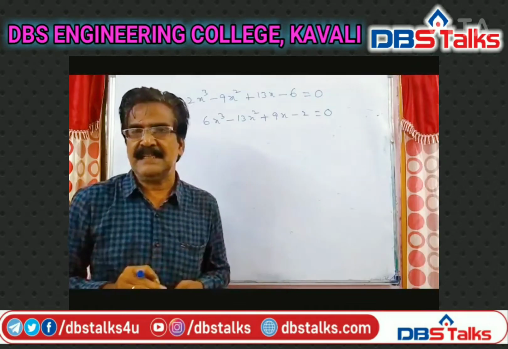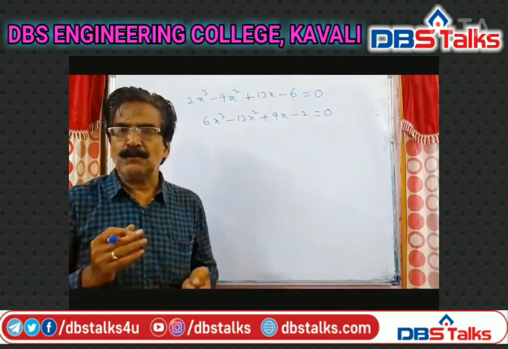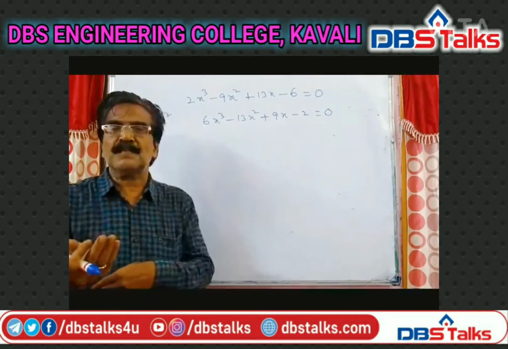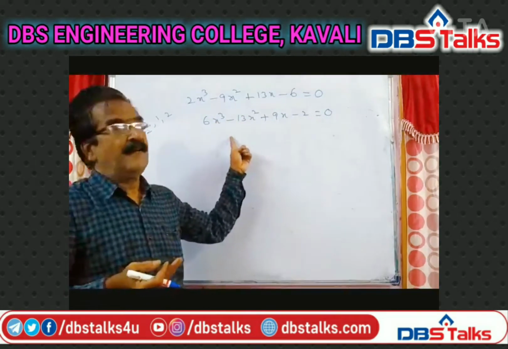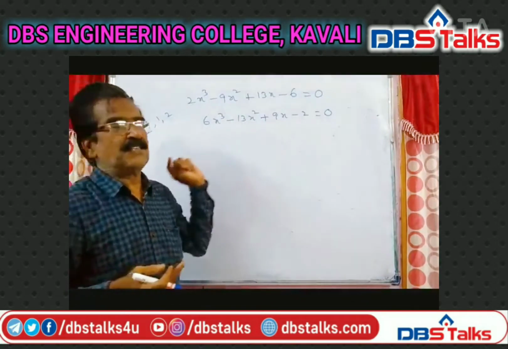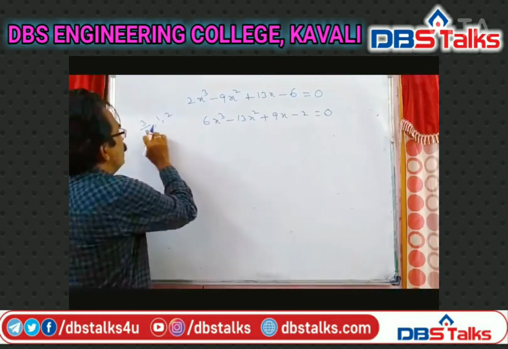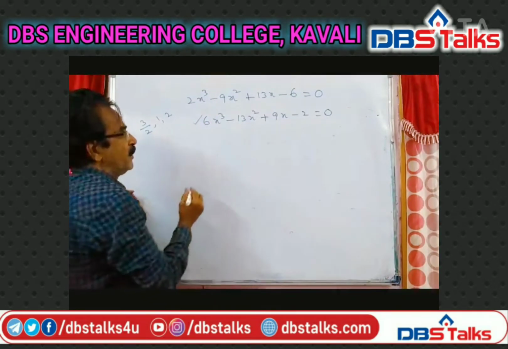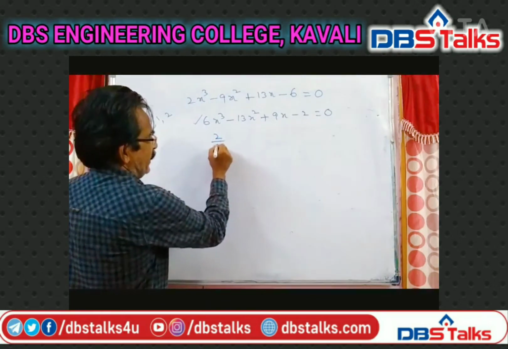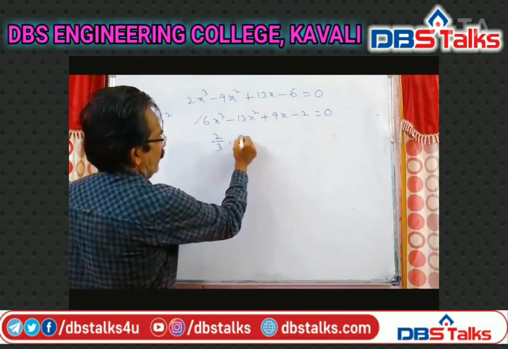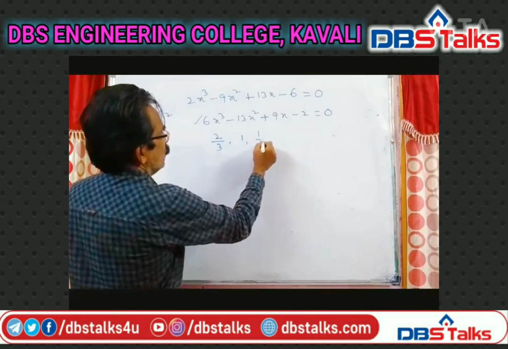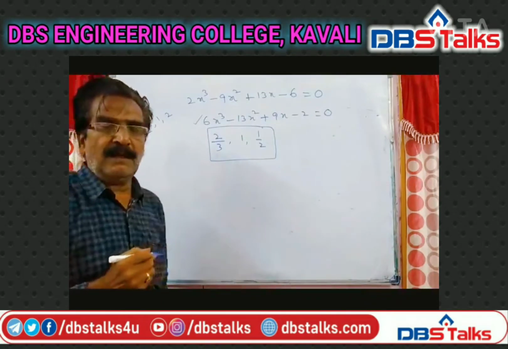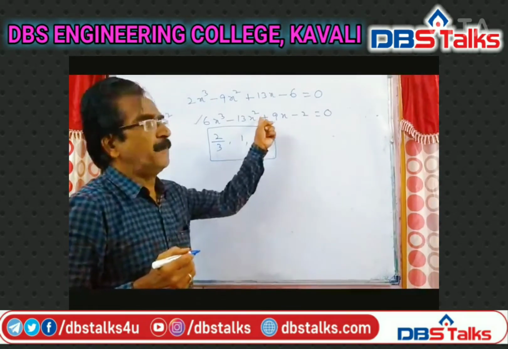In this case, if these are the roots, the reciprocals are the roots of this polynomial. So now the roots of this polynomial are 2 by 3, 1, 1 by 2.